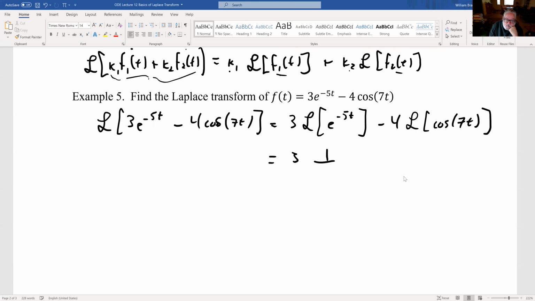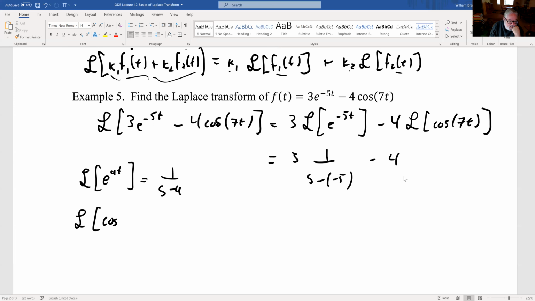And this is 1 over s minus 5, because we've seen that before. The Laplace transform of e to the at is 1 over s minus a, and we have a equal to minus 5. Minus 4 times the Laplace transform of cosine bt, that we've seen above, is s over s squared plus b squared.